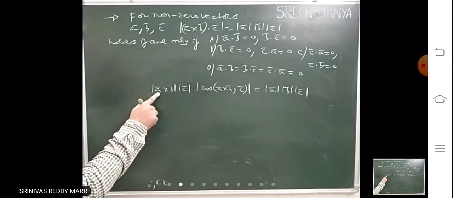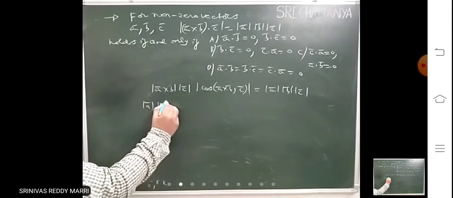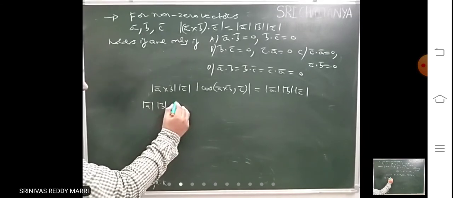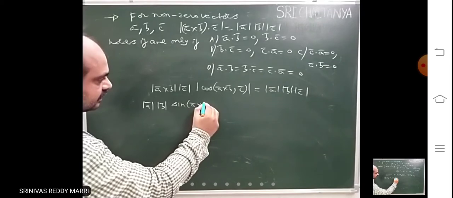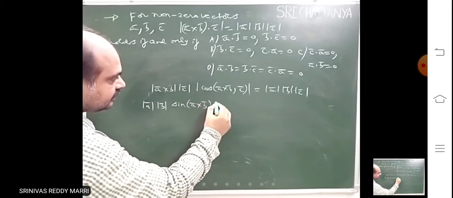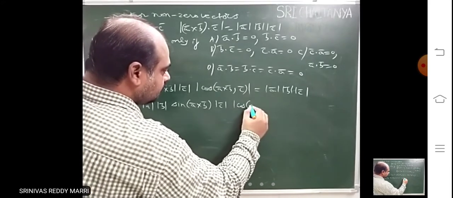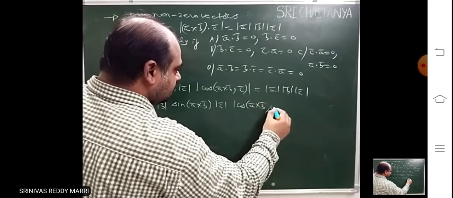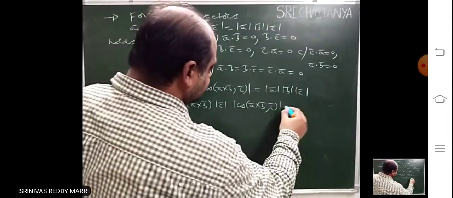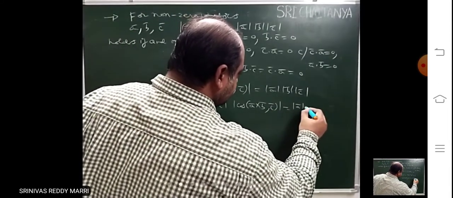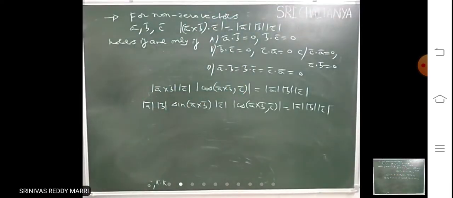Now this can be written like this: modulus A bar into the modulus of the cross product, sine of the angle, into modulus C bar equals modulus A bar into modulus B bar into modulus C bar.